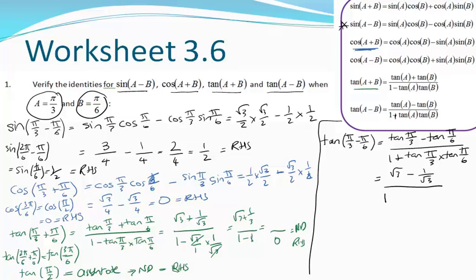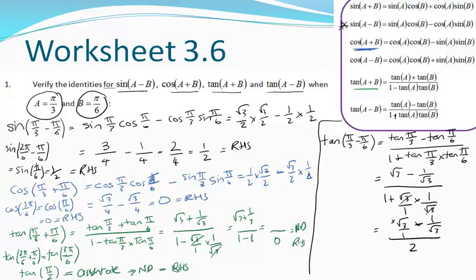Then here at the bottom we have 1 plus tan of pi on 3, which is root 3, multiplied by tan of pi on 6, which is 1 on root 3. So here again we're going to multiply, our root 3's will cancel. So it's going to become root 3 minus 1 on root 3, divided by 2. And what we're going to do, we look at here we have root 3 over 1 and we want to minus this one which is divided by root 3.